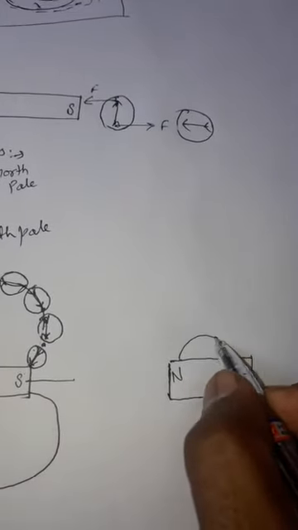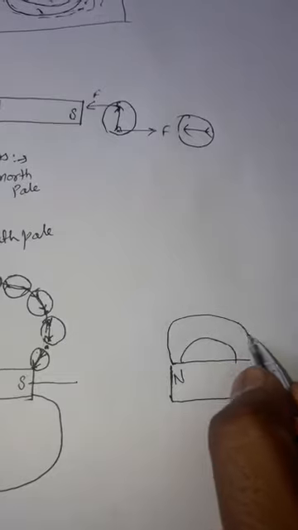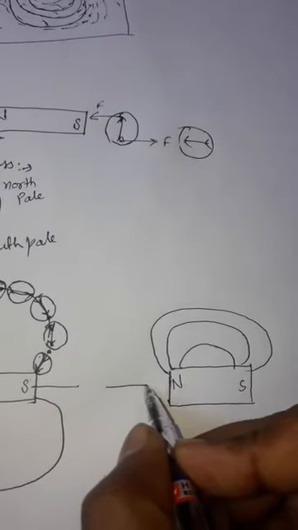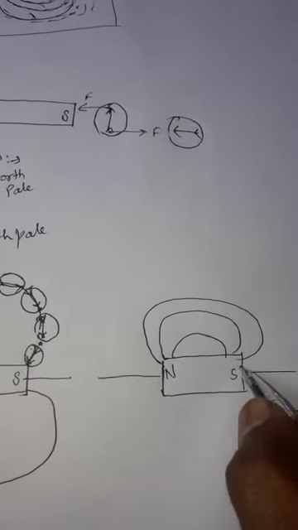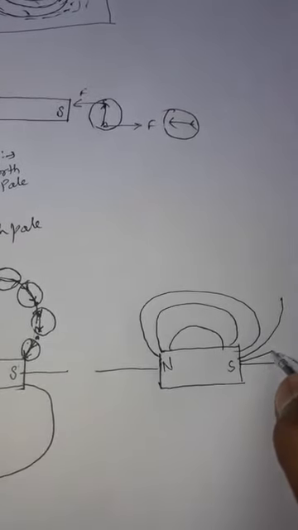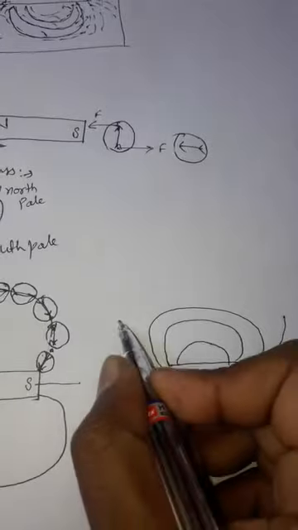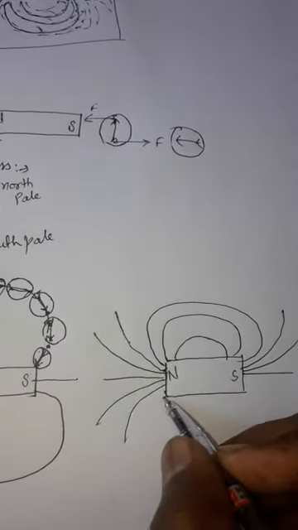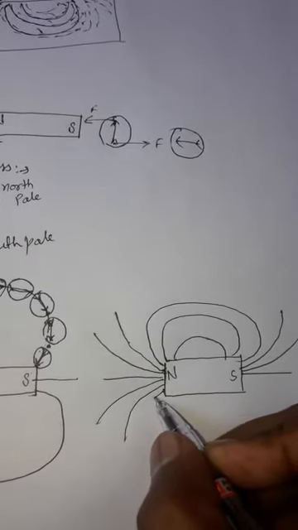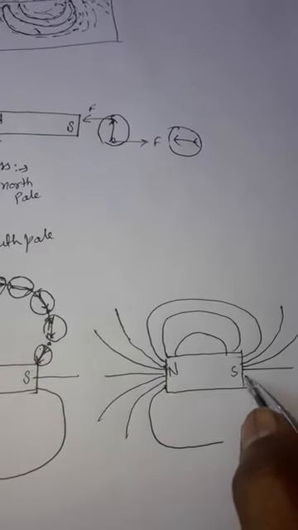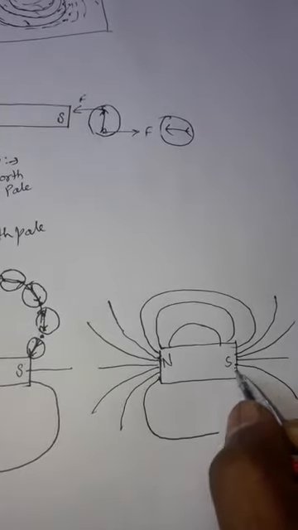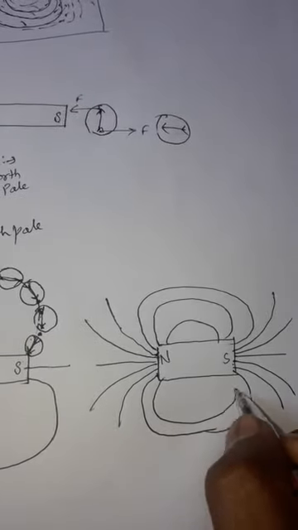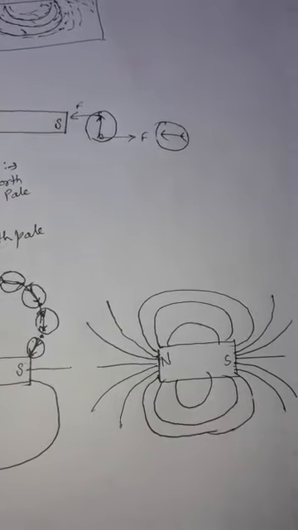So the direction of magnetic field lines, by placing the needle in different positions, is like this.